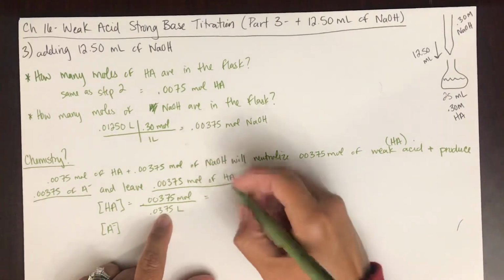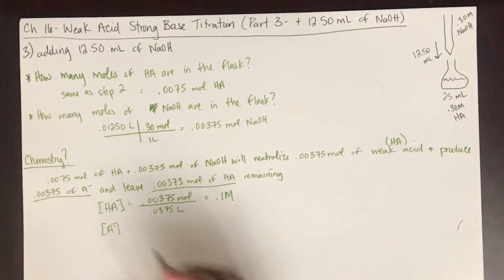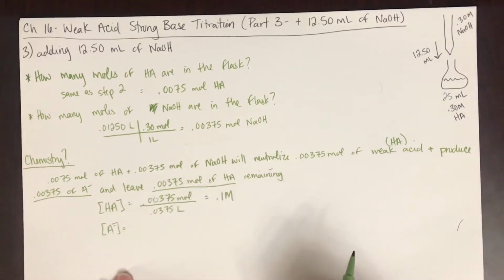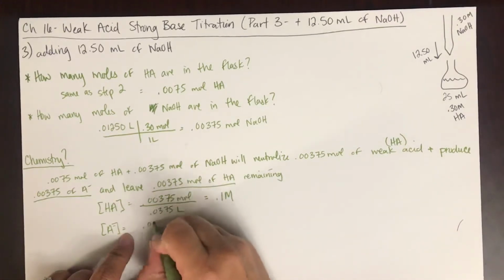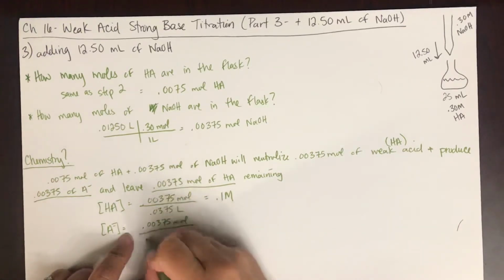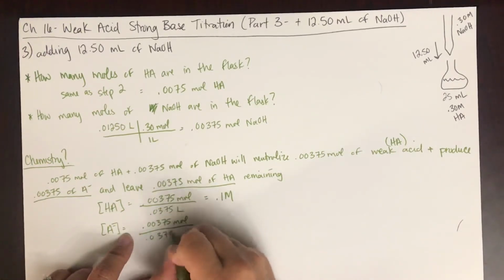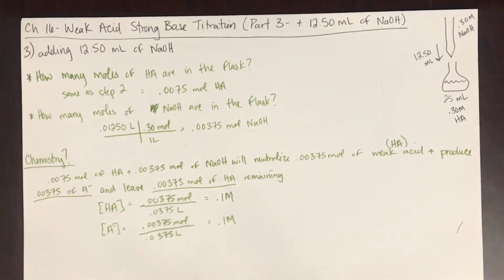This is going to give me a concentration of 0.1 molar. Now let's do the same thing for the conjugate base. I have the same number of moles of conjugate base, so I have equal concentrations of weak acid and conjugate base here.